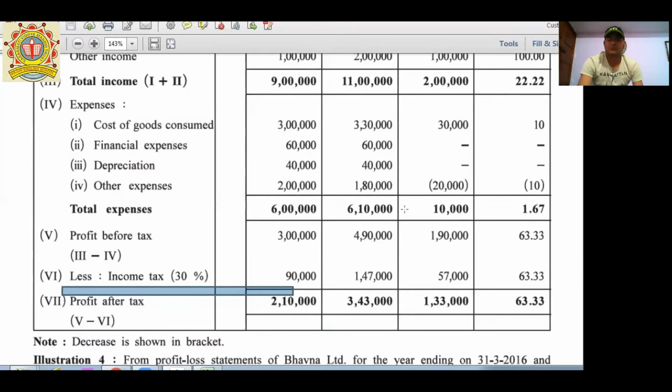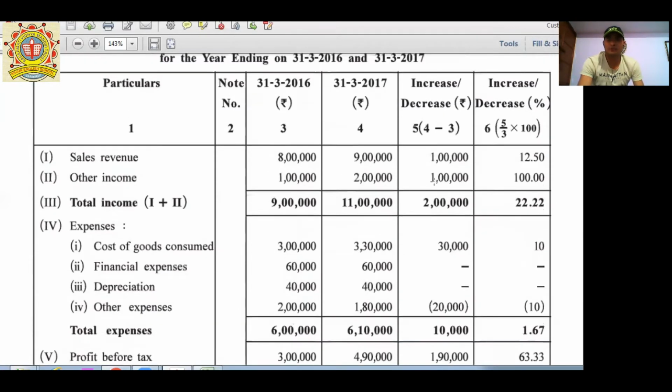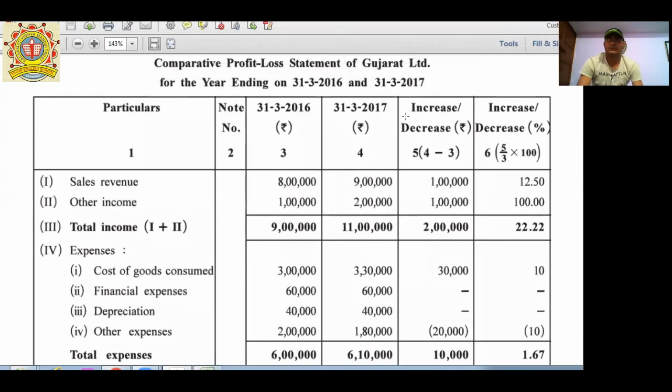So finally that is the profit after tax. Now we have to prepare the fifth and sixth columns. The fifth column is for increase or decrease in amount.